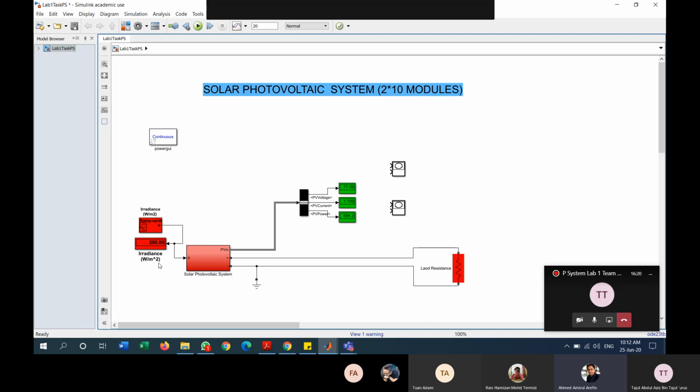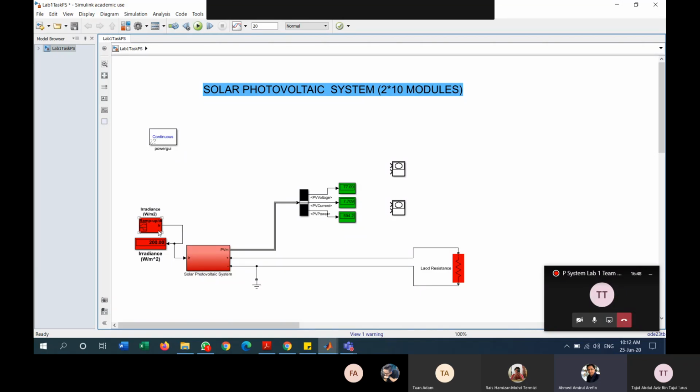Okay, so this is the irradiance we have. So once you get the input irradiance, you will get some output. Your input is the solar sunlight, which is the irradiance. So you have some different irradiance. It means solar irradiance is different.